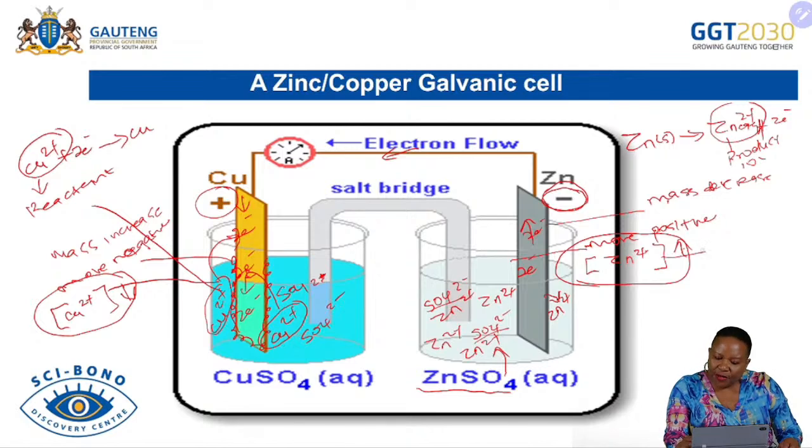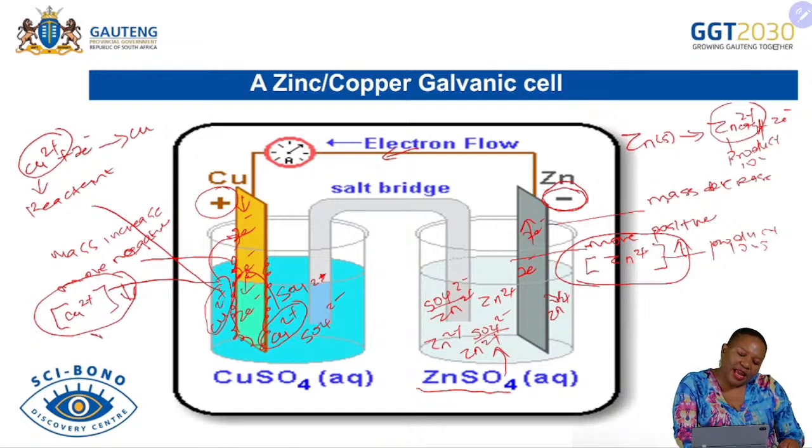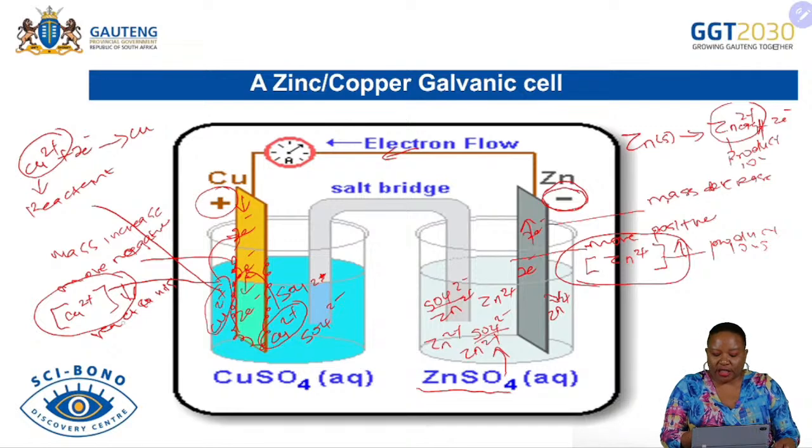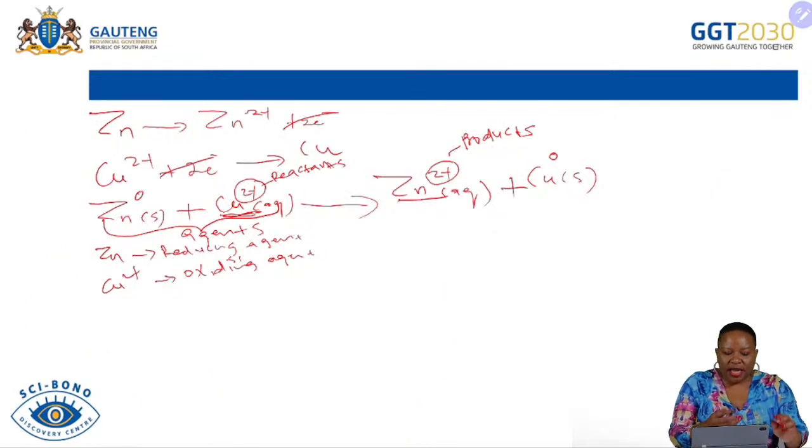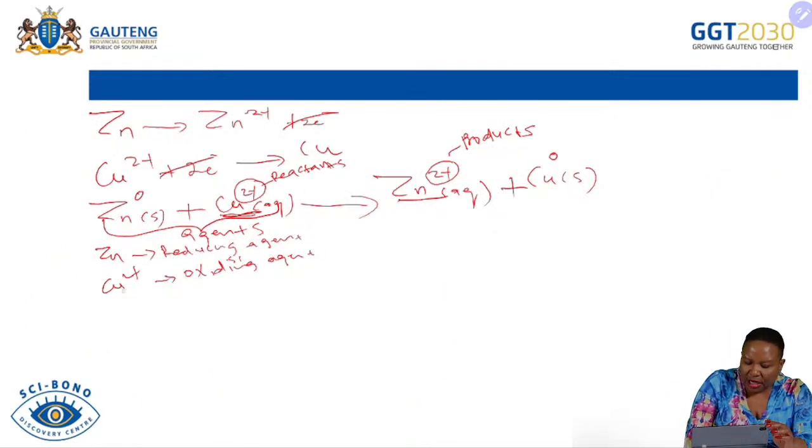And what do we refer to as zinc ions? We refer to zinc ions as product ions because they are the ones that are formed when zinc loses electrons. And these are the reactant ions because they are the ones that gain the electrons as they are lost by zinc. Therefore, we will say as the cell starts to operate, the V cell will start to decrease.